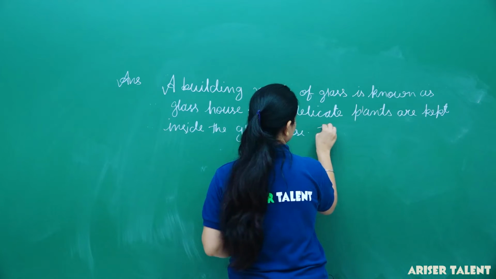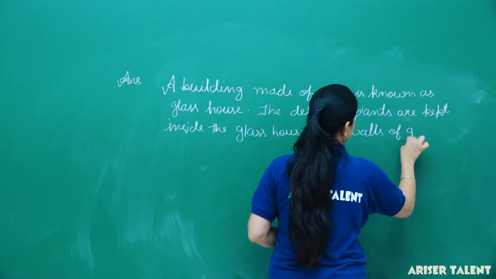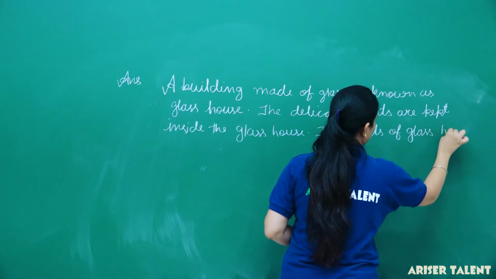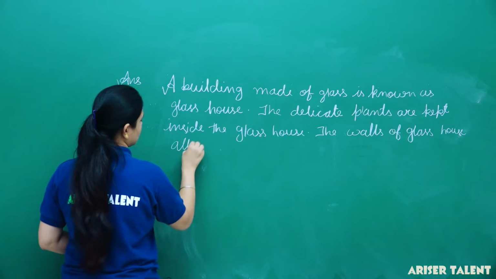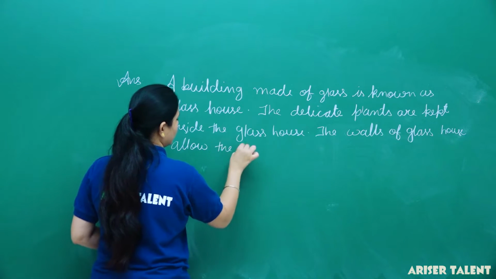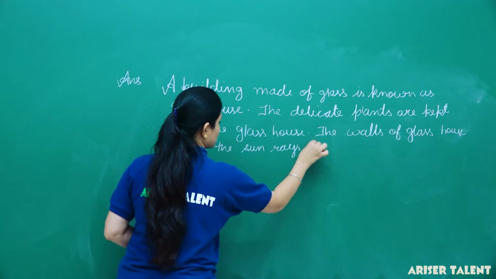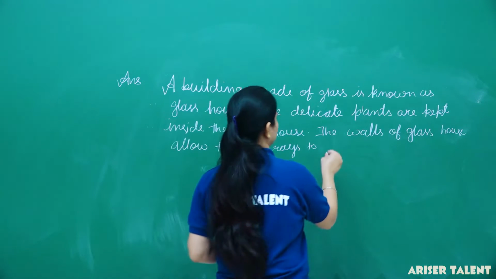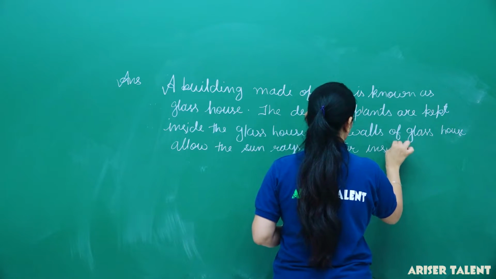The walls of the glass house allow the sun rays to enter inside it.